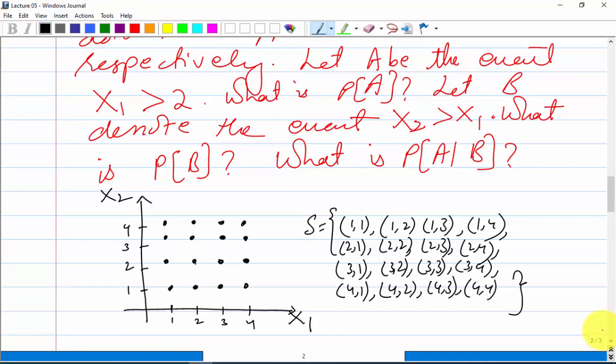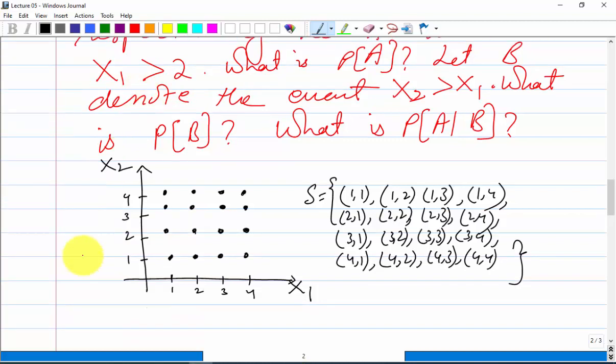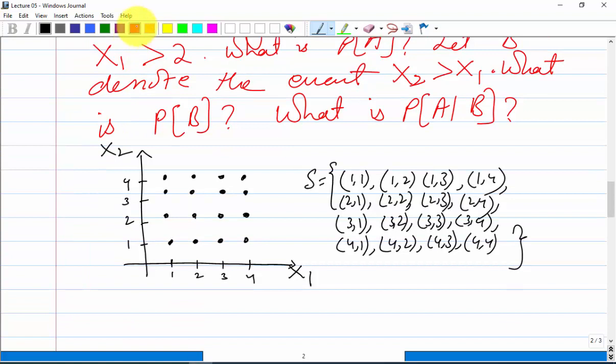So what's the event A? Event A says that x1 is greater than 2. So we don't bother about whatever x2 is. If x1 is greater than 2, all those outcomes in this portion will be part of this event.